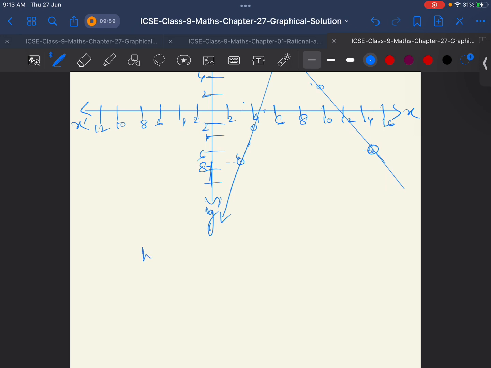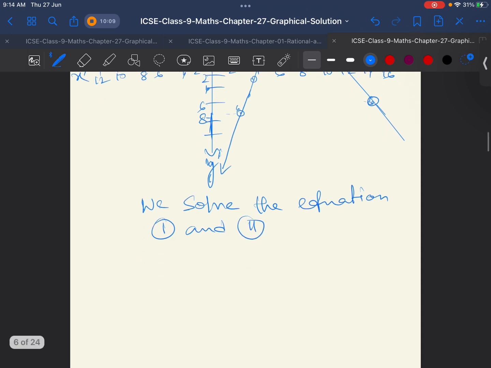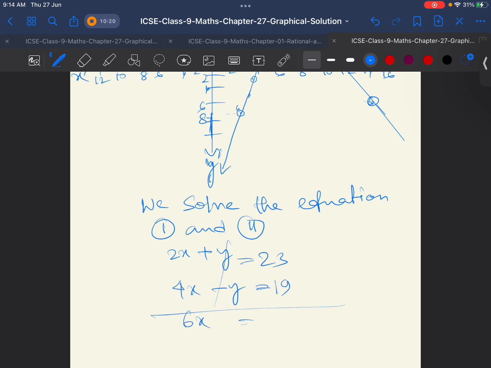Equation 1: 2x plus y equals 23, and the second equation is 4x minus y equals 19. So now 6x equals 42, or x equals 7.